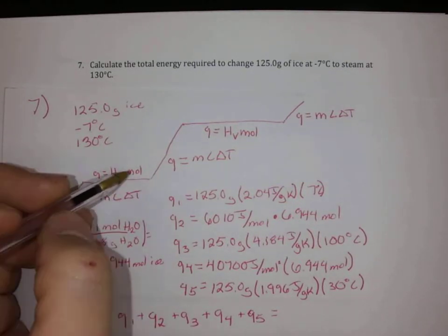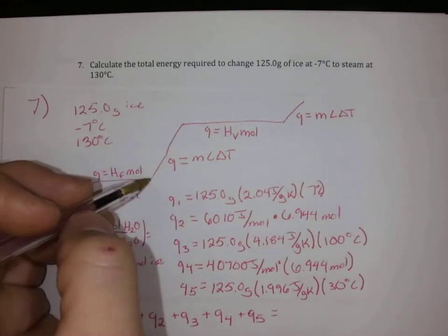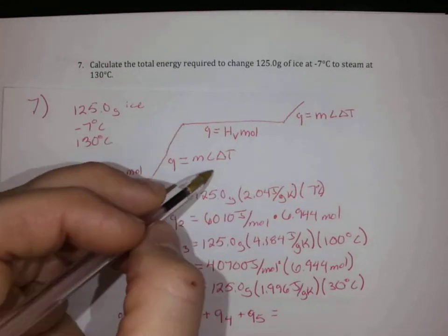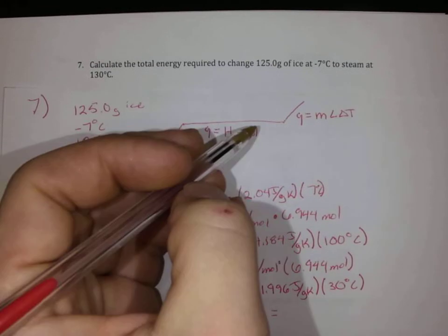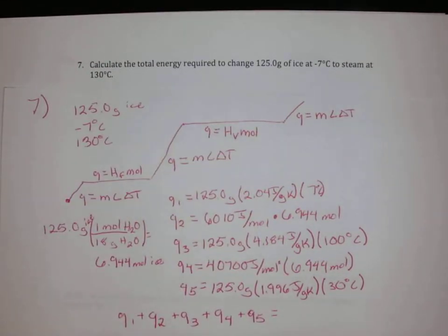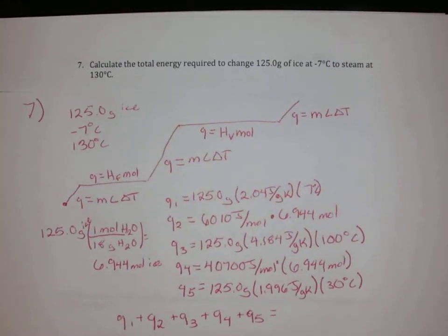Then we're melting, so we have to use this equation. Once we melt, then we can heat it up again. We can use mc delta T again. So we need to identify where we are on this graph. We should have enough information now to do all of the questions on the first worksheet and our second worksheet.